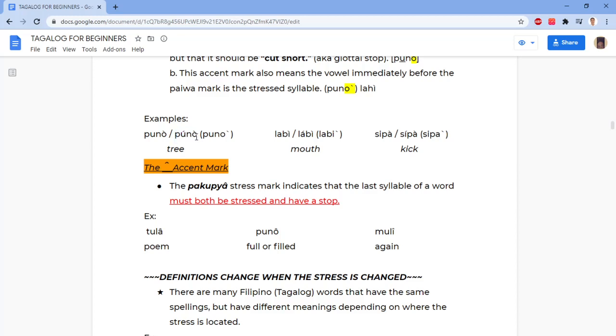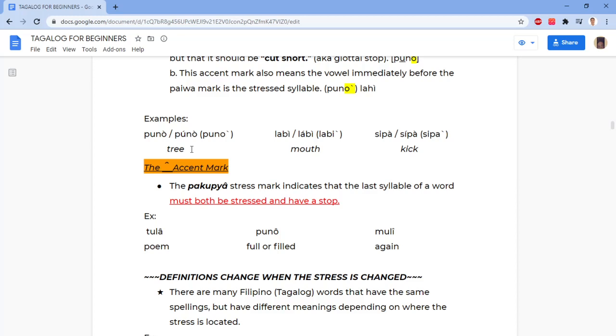If this stress mark is not omitted, there's a possibility you can distinguish the word. For example, in English, I saw a tree. In Tagalog, nakita ko ang puno.